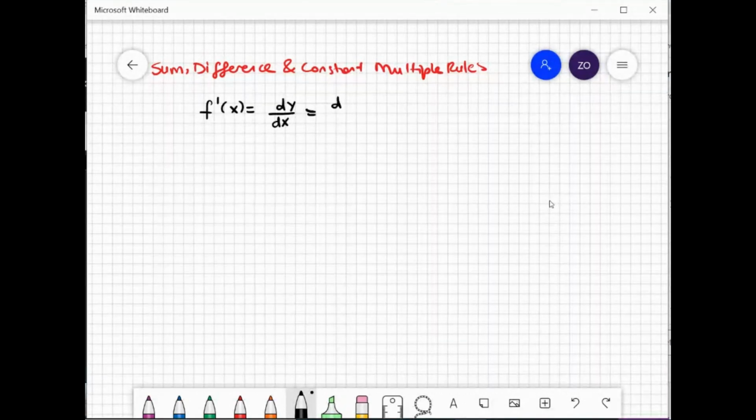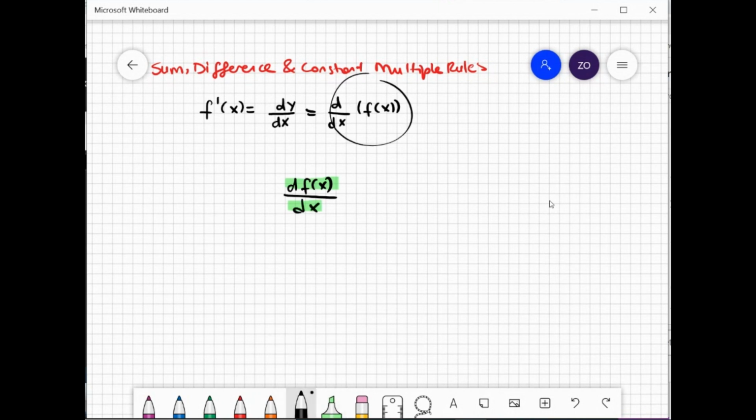Or we could say d over dx of f of x. This means how much the function is changing relative to the change in x. But this is how we usually write it. We just put d over dx in front, and inside the parentheses we put whatever function we have. But these all mean the same thing.